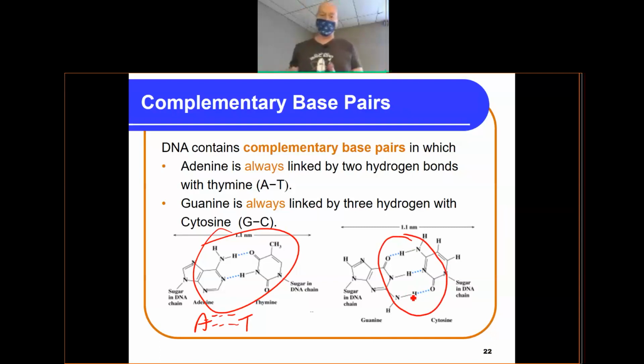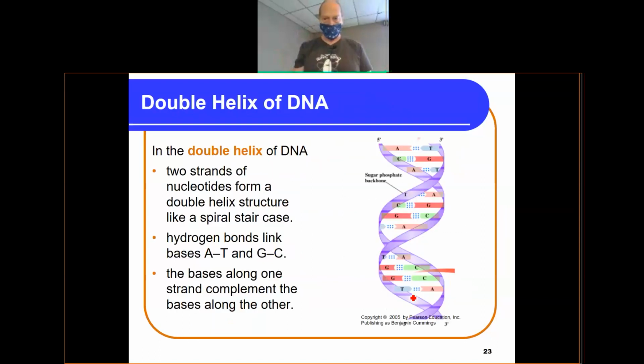And of course, three hydrogen bonds is a much stronger interaction for the GC than the two hydrogen bonds connecting the A and the T. All right, and so you have your double helix, and that is all based on the hydrogen bonding from the base pairs. All right, and so they show the two lines here showing the two hydrogen bonds between all T and A, and then they have the three hydrogen bonds being shown between all the G and the C.